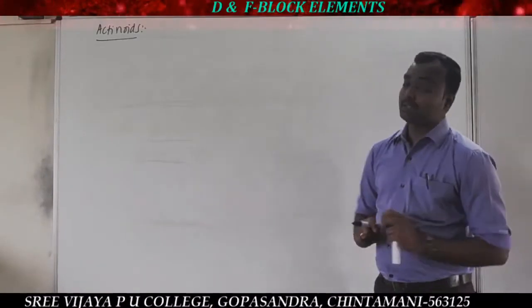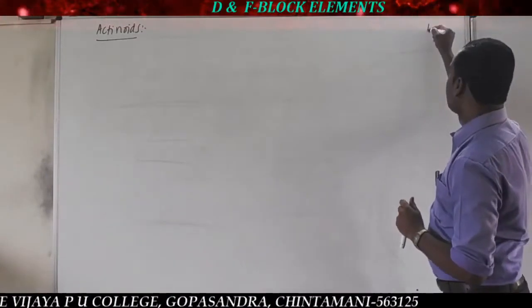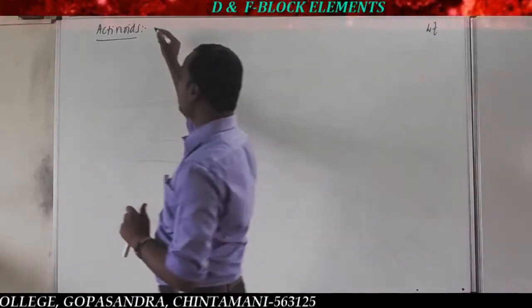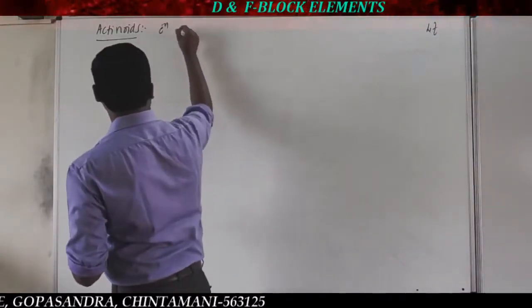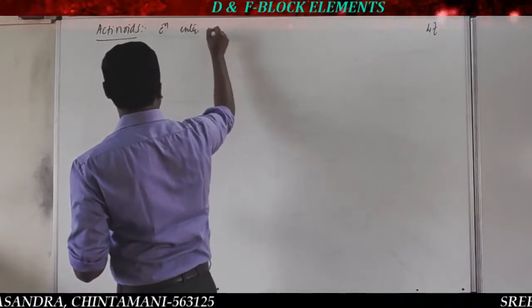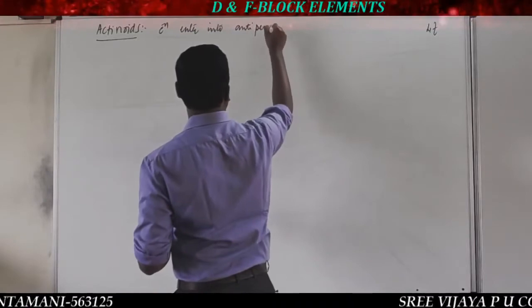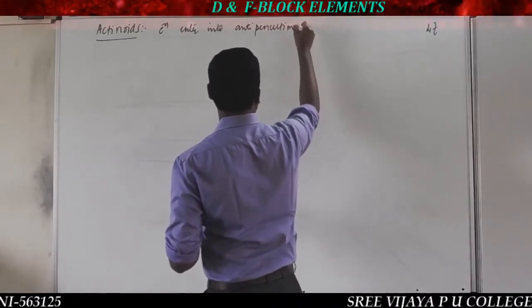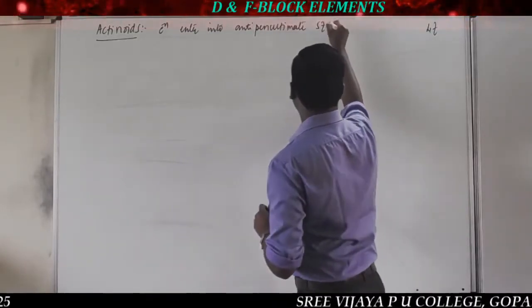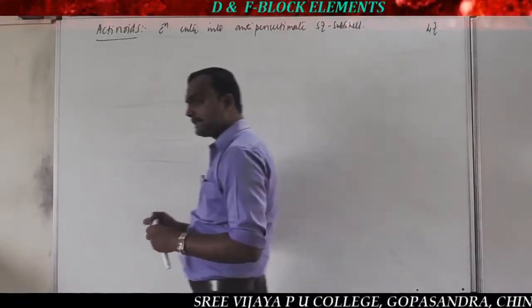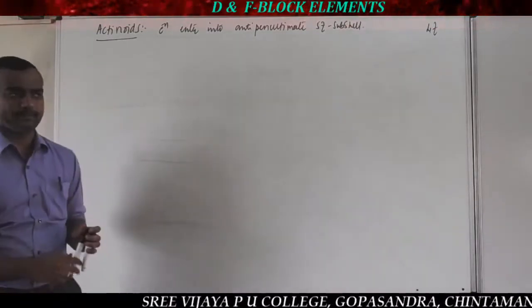In the case of lanthanides, the differentiating electron enters into the 4f subshell, and in the case of actinides, the differentiating electron enters into the antepenultimate 5f subshell.